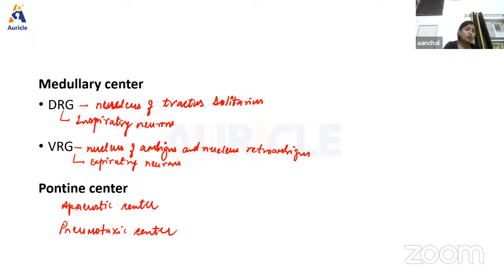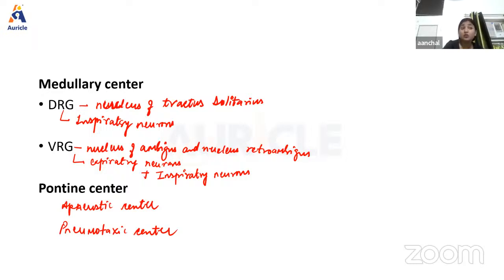Earlier it was said that only expiratory neurons are present, but according to new experiments and discoveries, inspiratory neurons are also present. Now what is the function of VRG? Normally ventral group neurons are inactive during quiet breathing and become active during forced breathing.